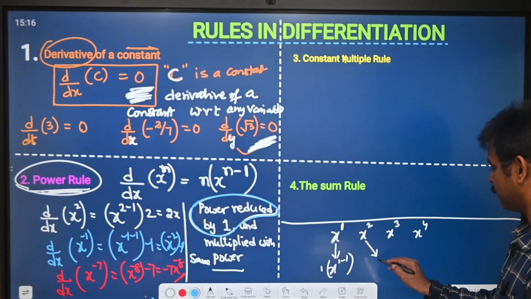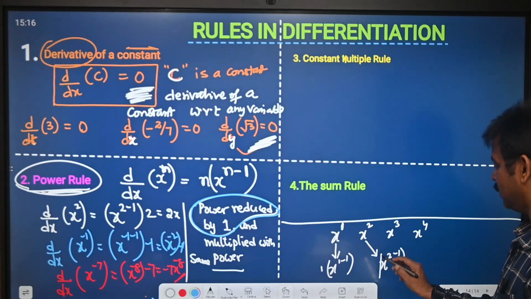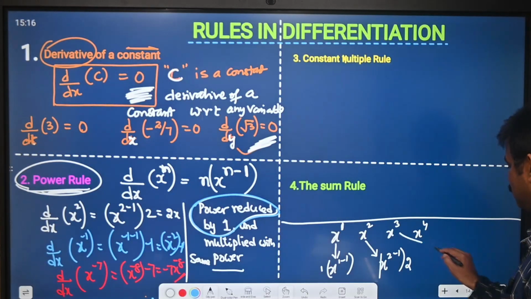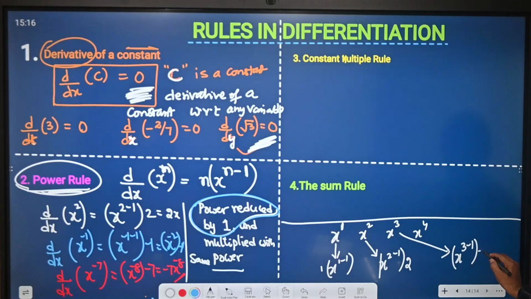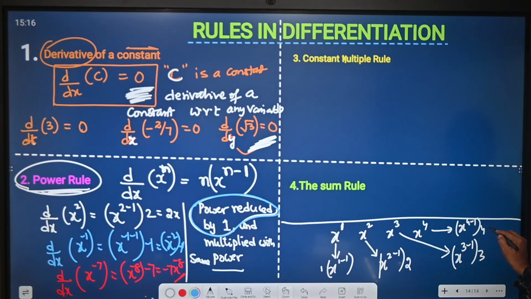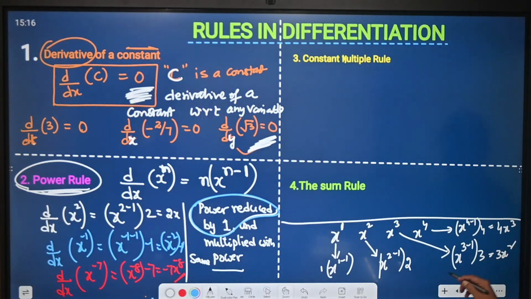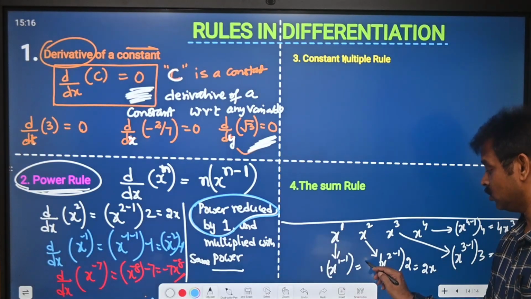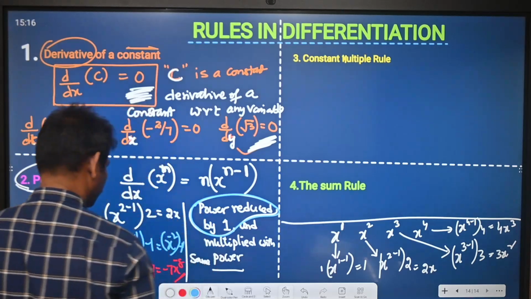Similarly, x power 2 minus 1 multiplied with the same power 2. This will become x power 3 minus 1 into 3, and x power 4 minus 1 into 4. This is 4x cube, this is 3x square, this is 2x, and this is x power 0, which is 1. So these are the examples for the power rule, and the power rule is most important.